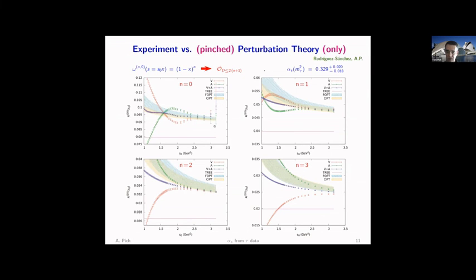If you go to 1 pinching, n equal 1, you find something similar, but now the wiggles went to lower values. You have a much larger plateau where vector, axial and vector plus axial agree with the perturbative prediction. Remember, non-perturbative corrections have not been included there.